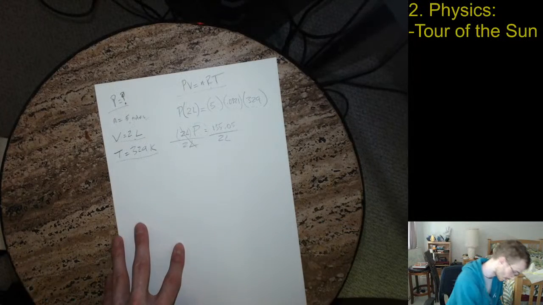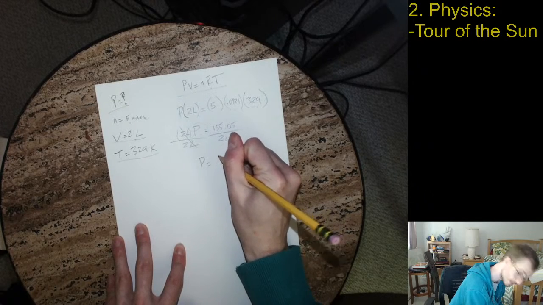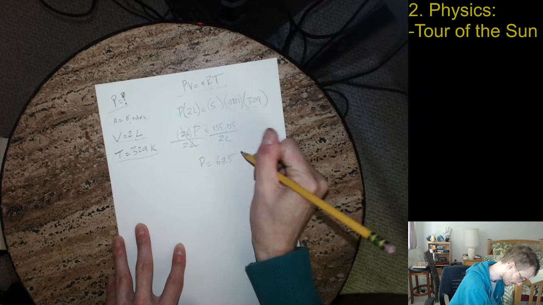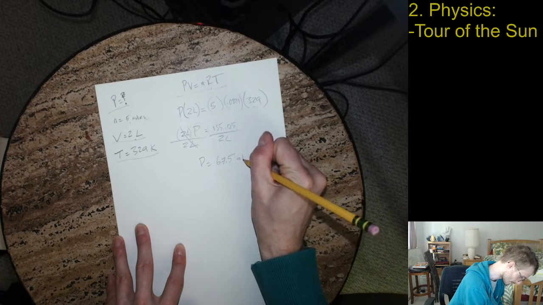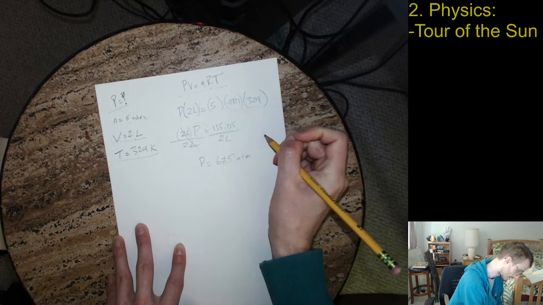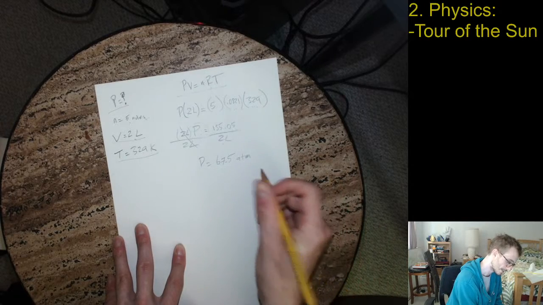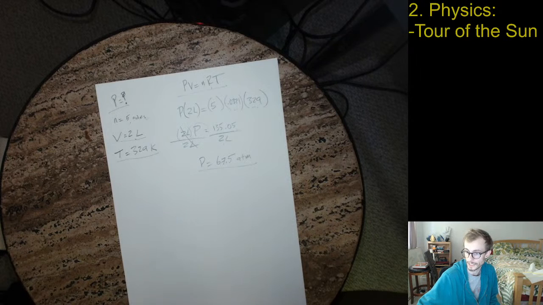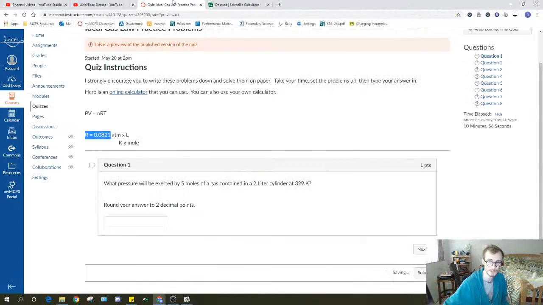Cut back here, so P equals 67.5 atm. That's quite a bit of pressure. And then when I go back to my quiz, it says to round to 2 decimal points.